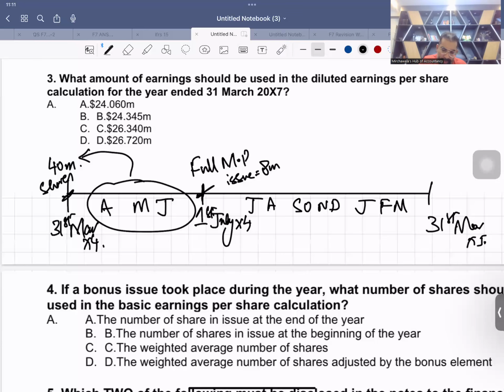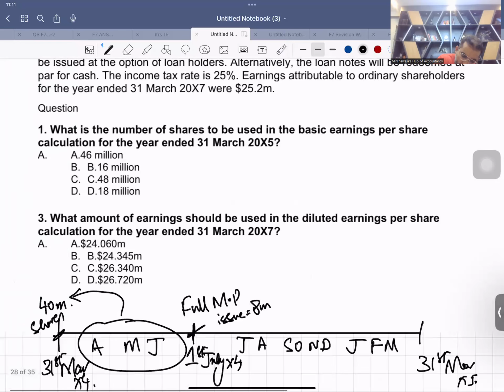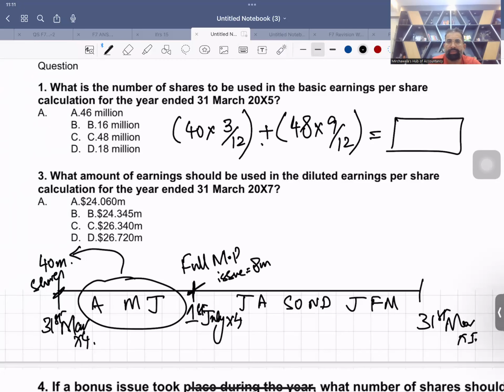So if you want to calculate the weighted average number of shares, this is the requirement of 1. We will write like this: 40 multiplied by 3 upon 12, because in the first 3 months only 40 million shares were outstanding, plus 48 million multiplied by 9 upon 12. Now let's check it out.